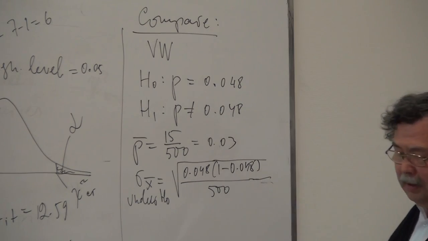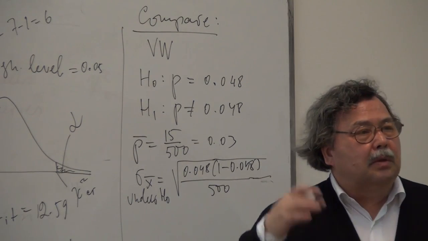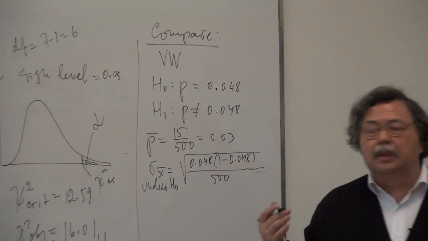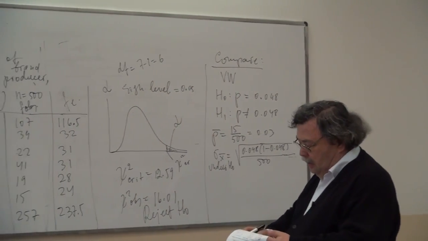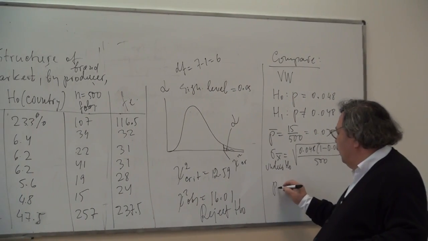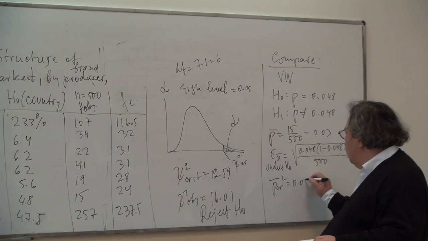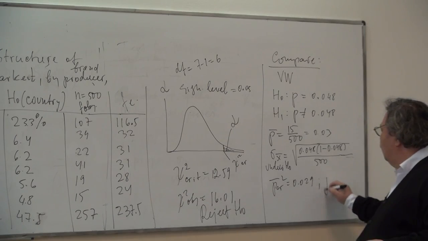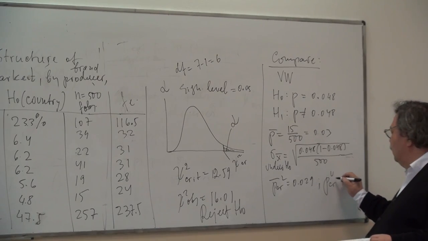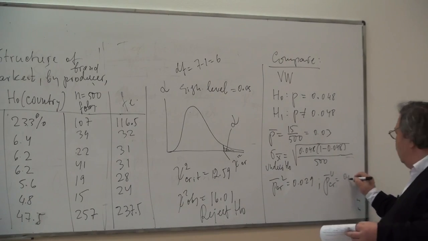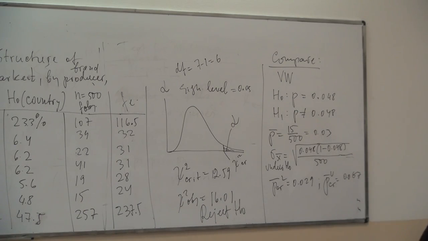I'm not writing this figure. What I want you to know is the answer here. The critical values for P bar: the lower one is this, and the upper one is this. So this is the acceptance region.